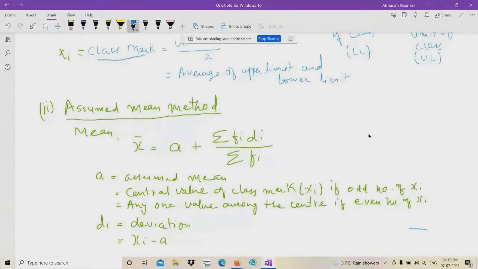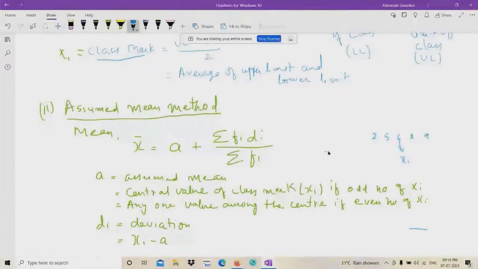Let us say you have class marks 2, 5, 6, 8 and 9. This is the central value, so it is this xi which is considered as a.